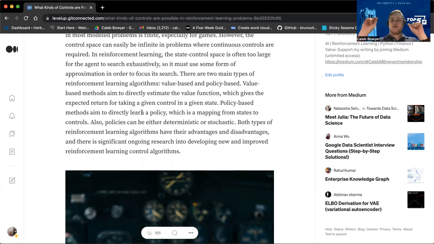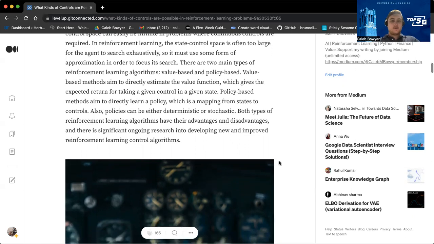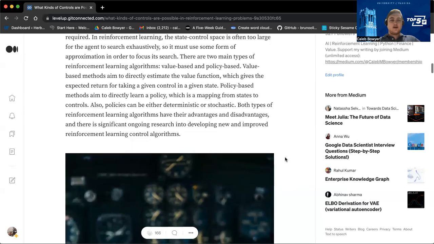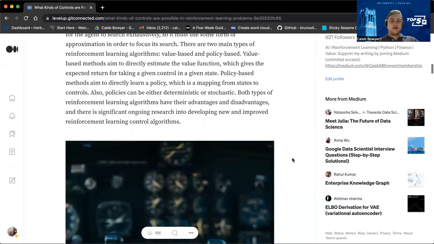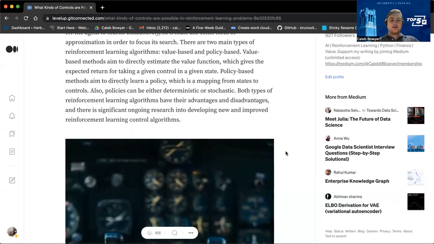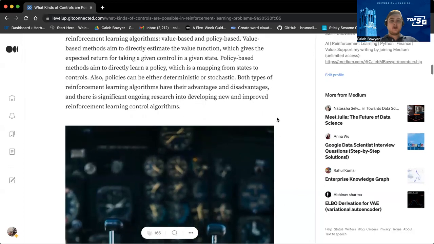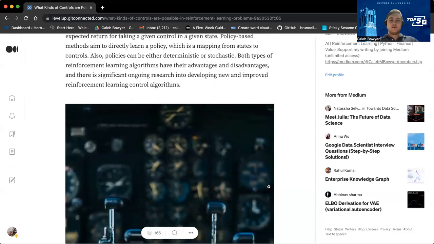So in one state, you have some probability of outputting some control. But right now, let's just think of deterministic mappings. Both types of reinforcement learning algorithms have their advantages and disadvantages, and there is significant ongoing research into developing new and improved reinforcement learning control algorithms.